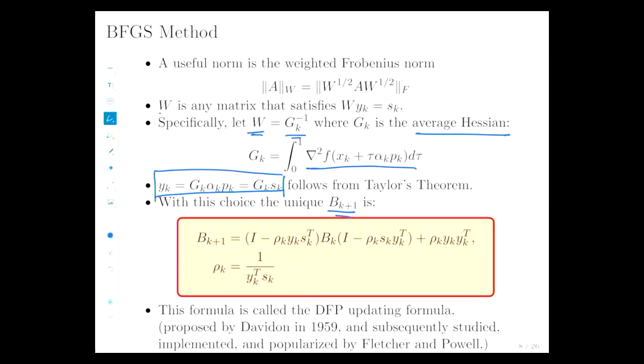So what it does is estimate Bk iteratively. And then when we estimate Bk, what do we need to implement the Quasi-Newton method? We need Bk inverse, right? We need Bk inverse. So we can construct Bk recursively, but then if we are going to take this method every single step, we have to calculate the inverse of Bk. Can someone tell me what is the computational complexity of inversion?